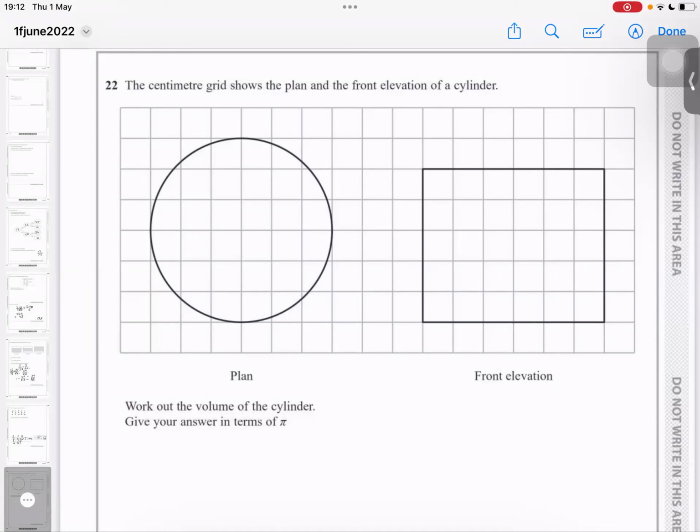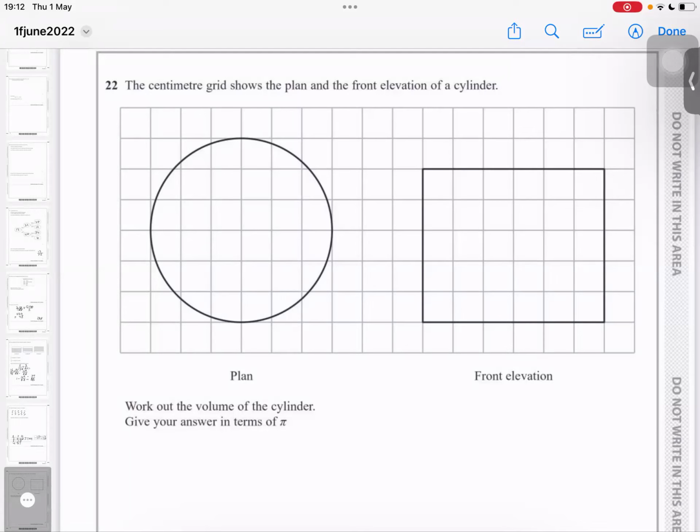And length times breadth is the formula for the area of a rectangle, the plane shape for a cuboid. But now we're dealing with a cylinder whose plane shape on top and the bottom is a circle. So the area of this plane shape is going to be pi r squared for a circle.